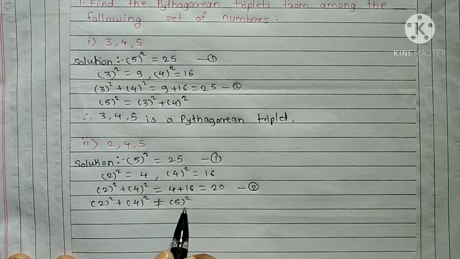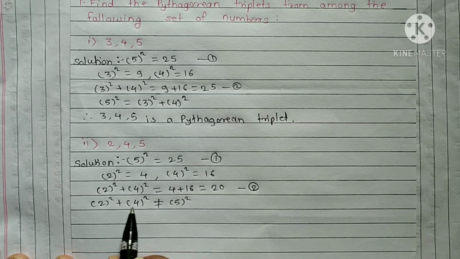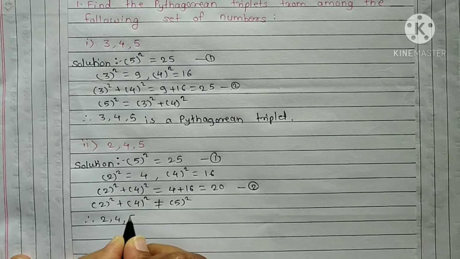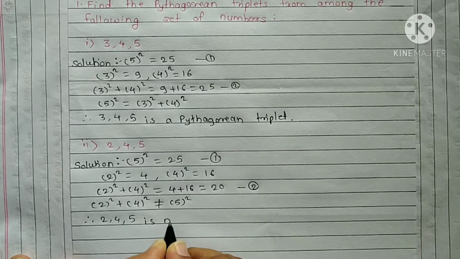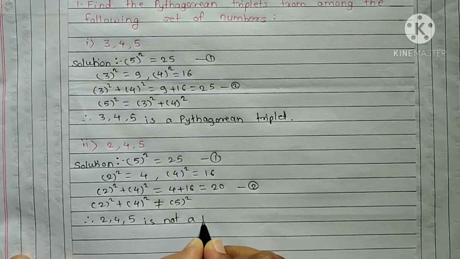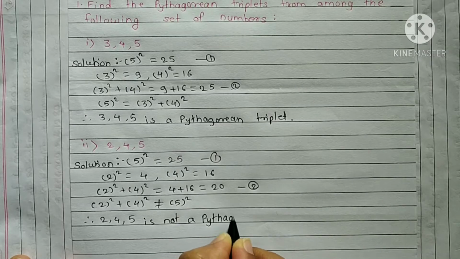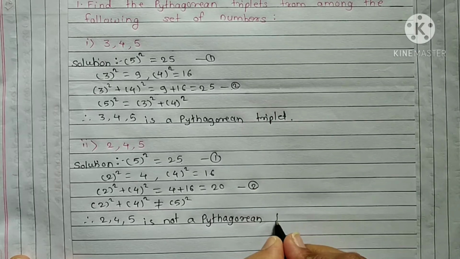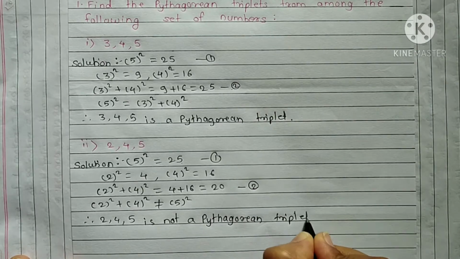Here the square of the biggest number is not equal to the sum of squares of the other two numbers. Therefore we can say that 2, 4, 5 is not a Pythagorean triplet, because the condition is not satisfied.